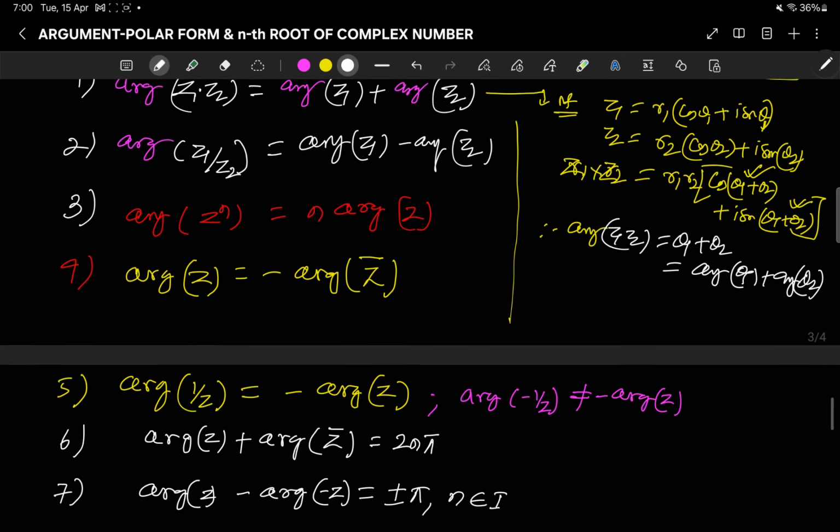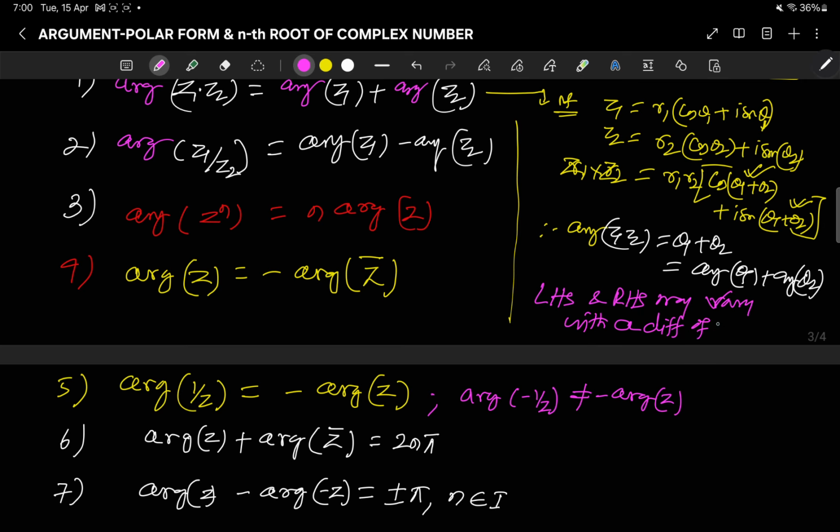Since it is a multivalued function, the LHS and RHS may vary with a difference of a multiple of 2n pi.